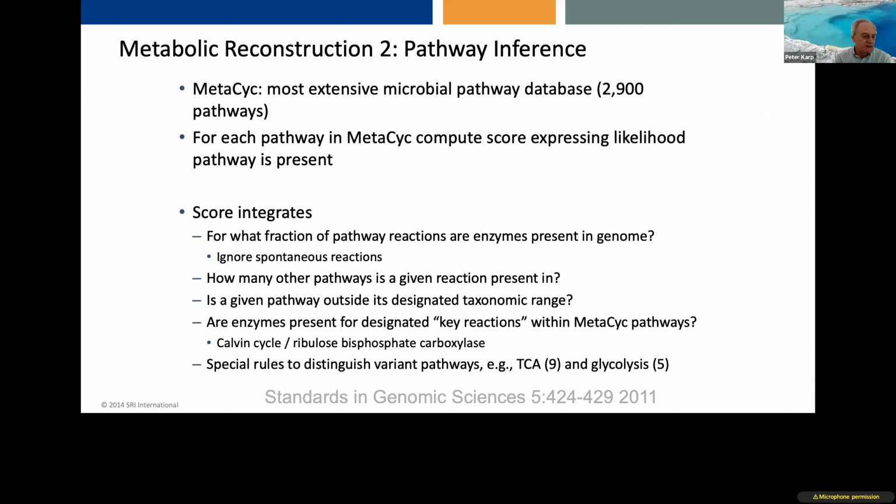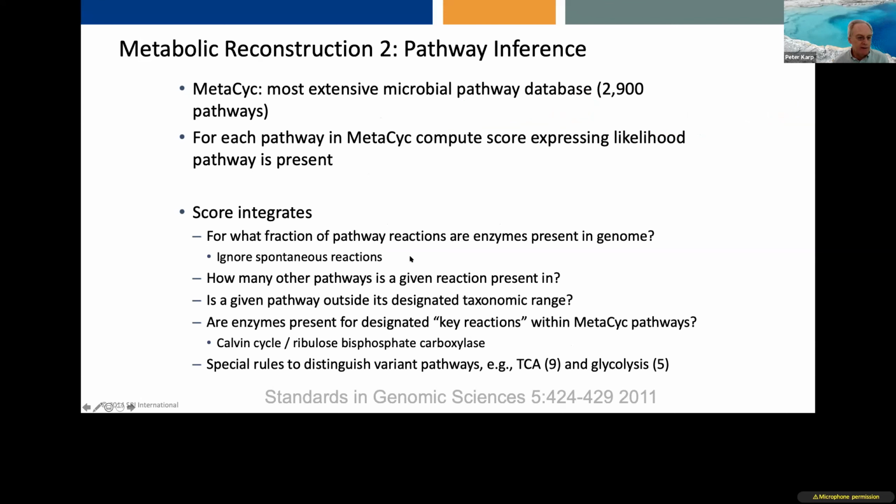Now, one of the reasons we rely on MetaCyc is it's the most extensive microbial pathway database. And so what the pathway inference algorithm does is for each pathway in MetaCyc, we compute a score that expresses the likelihood that the pathway is present. And the score integrates the following information.